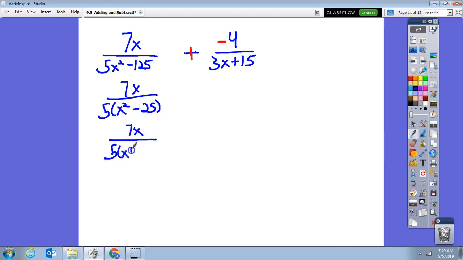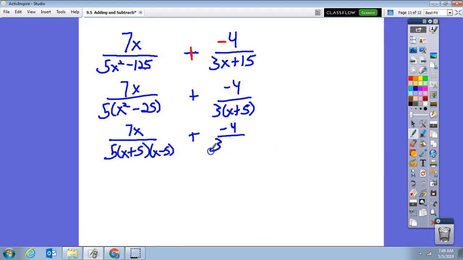Over here, you can also split up x squared minus 25 into x plus 5 and x minus 5. On the top of this one, negative 4. On the bottom, you can divide out 3 and get x plus 5.